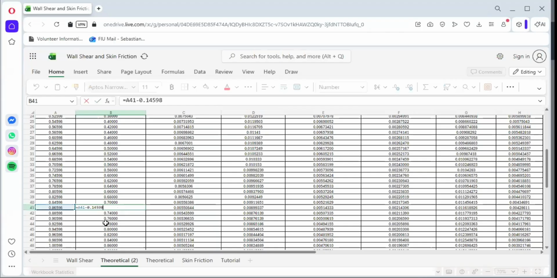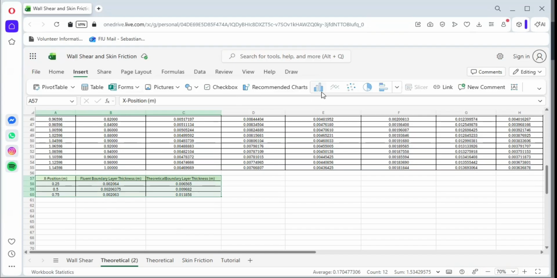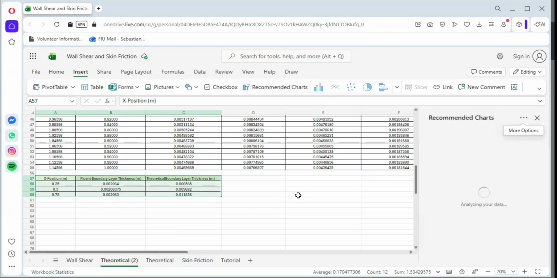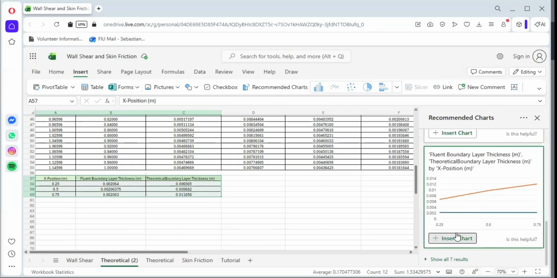We're going to interpolate right here again between these two values for the boundary layer thickness, and we get 0.011858. All right. So right here we have these three values, and to see the relationship between them, it's right here.